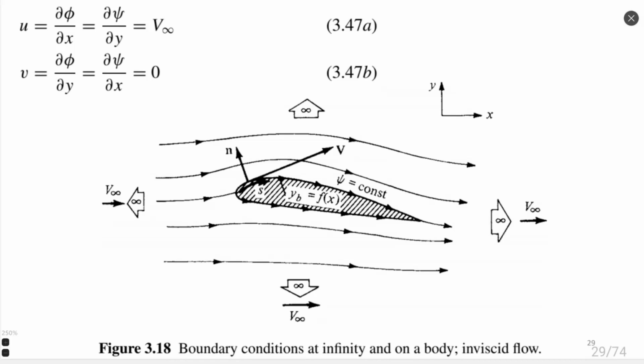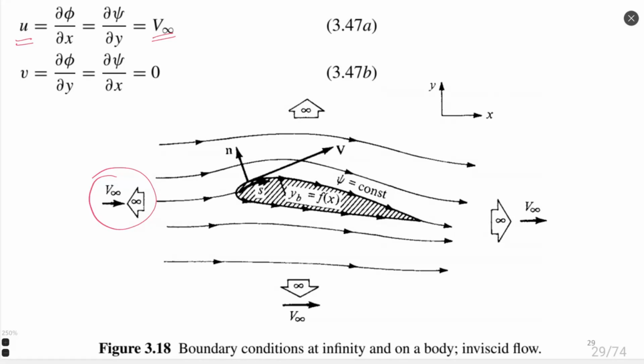In the far field, at a far distance from the body, we see that the flow has a constant value at infinity, and it's horizontal. So the u component of velocity is equal to v infinity. And this corresponds to the derivative of the potential function by x, or to the derivative of the streamline function by y.